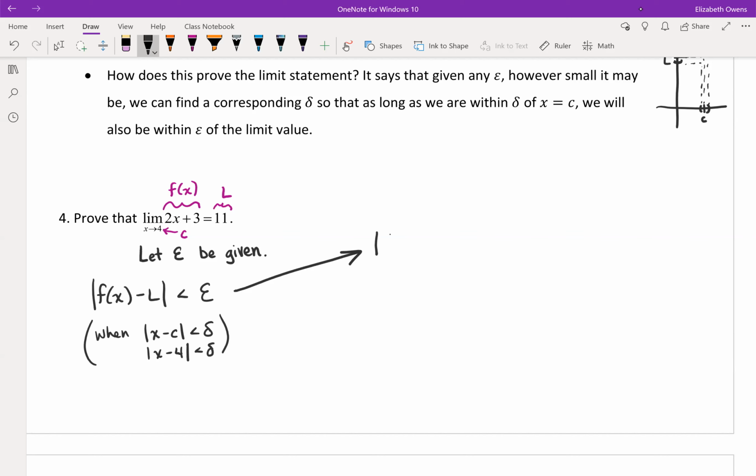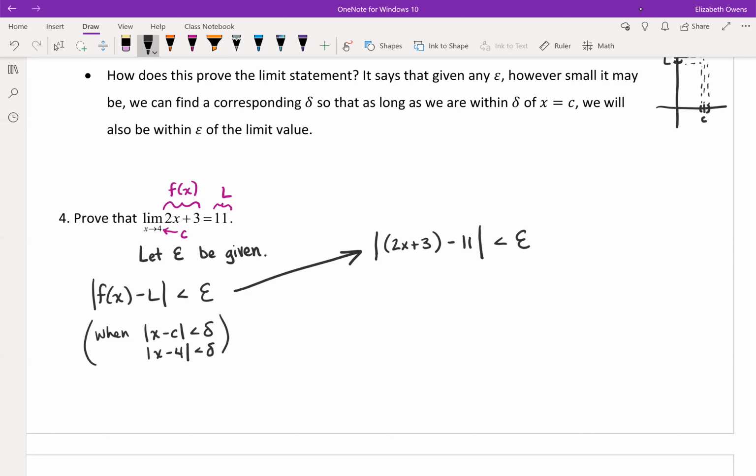Absolute value of f of x, that's 2x plus 3, minus L, which is 11, absolute value, is less than epsilon. And note that we do not have a specific epsilon here. We don't know the value because we said we were going to let epsilon be given to us by a mystery person.